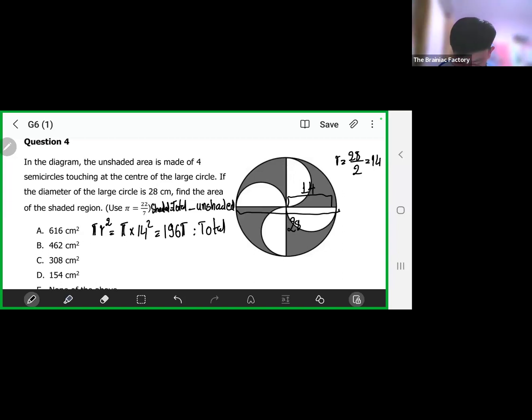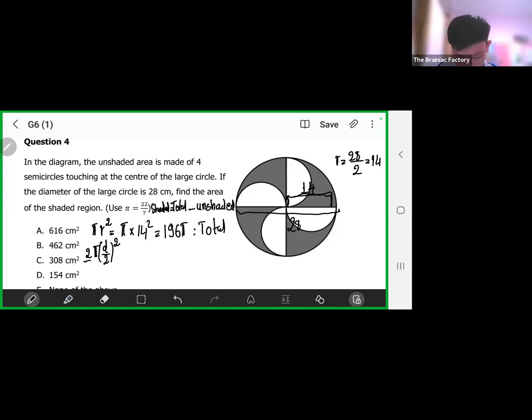The unshaded region is in these four semicircles, but if we just imagine, it can be formed as two circles with the same radius and the same diameter. So we can just say 2 pi times d over 2 squared. Sorry, this is the radius of the circle, which is the diameter of the smallest semicircle.